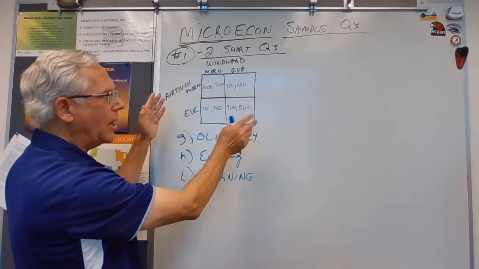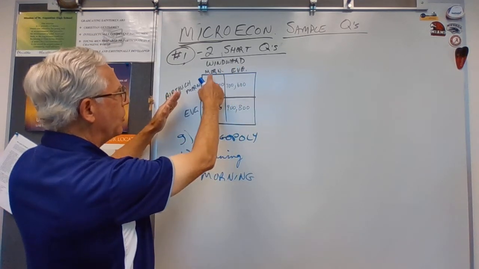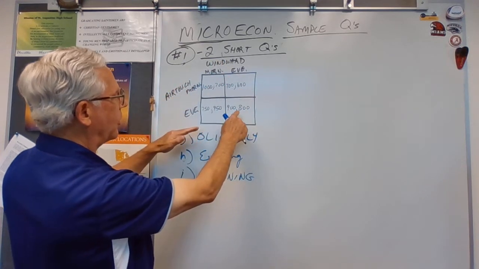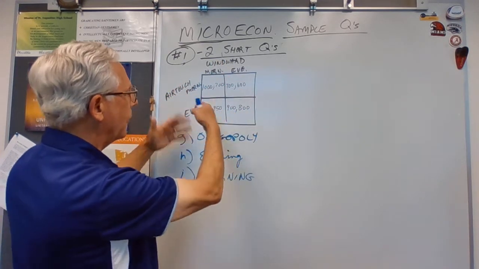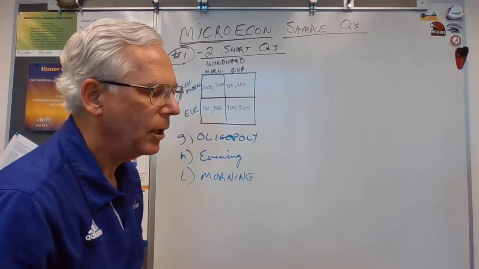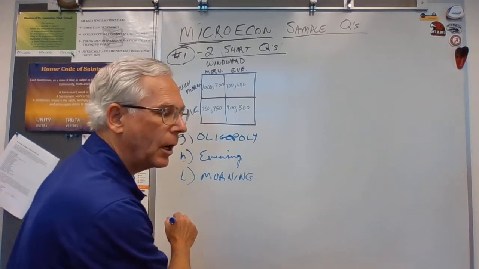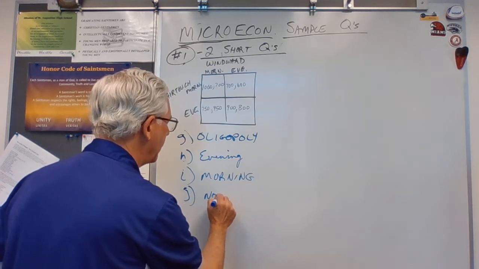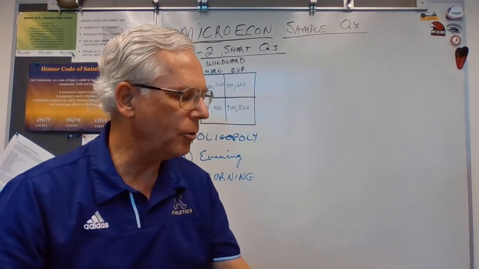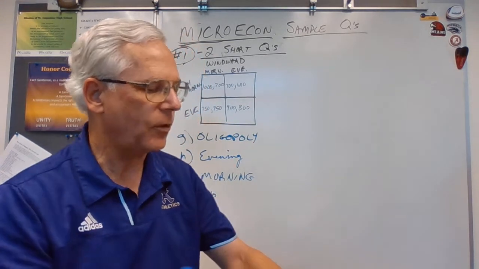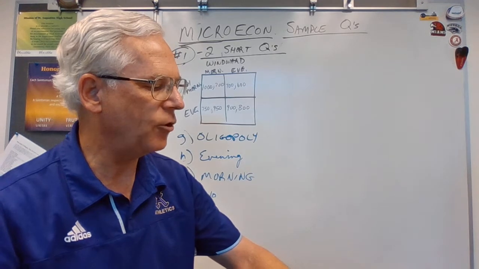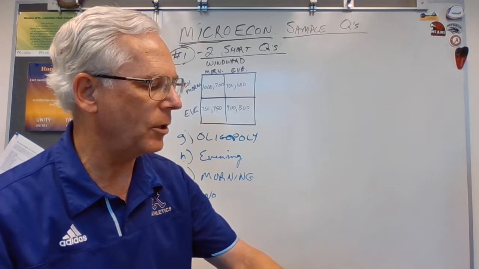So AirTouch does not have a dominant strategy. If Windward goes in the morning, AirTouch is going to want to go in the morning. If Windward goes in the evening, AirTouch is going to want to go in the evening. So the answer for J is no dominant strategy. But here they want you to explain it, so you have to say what I ran through there: there's no dominant strategy because it depends on what Windward does.